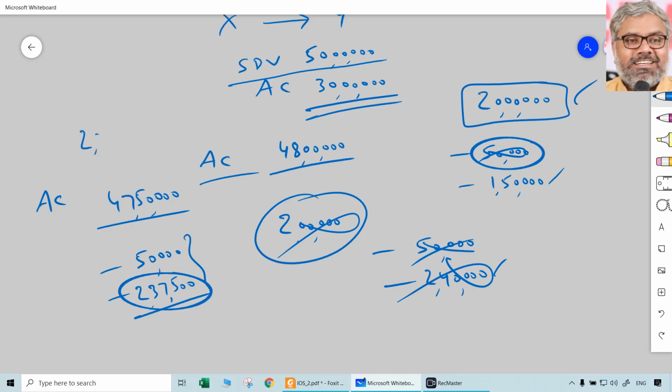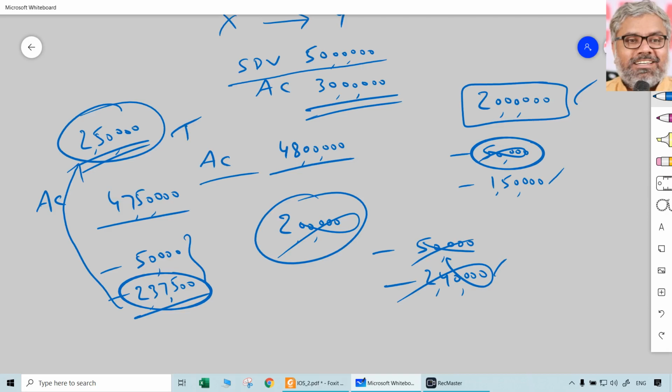In this case, inadequacy is 2,50,000. That means the inadequacy has exceeded 5% of actual consideration, so the entire 2,50,000 becomes taxable. So for the same stamp duty value of 50 lakhs, if the actual consideration was 47,50,000, then 2,50,000 rupees is taxable in the hands of the recipient.